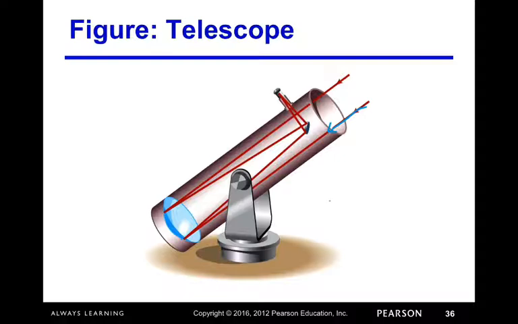You're seeing through here the image that's coming in. And all that has to do with the focal points, where you're going to be able to see the reflection from these different mirrors or lenses.